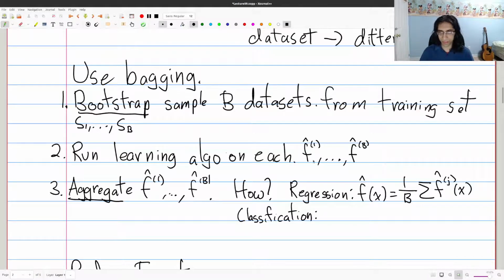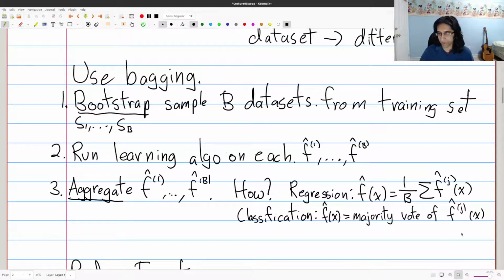If these are each classifiers which predict some label, say something from a categorical variable like 1, 2, 3, 4, well, this is easy enough because we can just pick the majority vote. So f hat of x is equal to the majority vote of these f hat j of x.